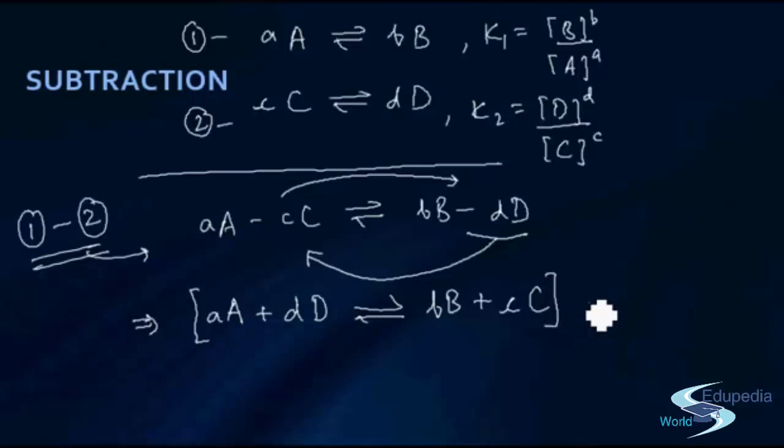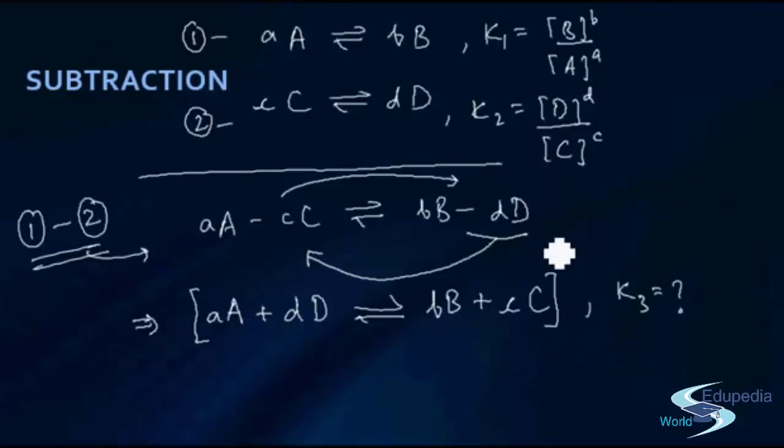So now since we have found out the resultant chemical reaction, we need to find out the value of K3, the resultant equilibrium constant. So how can I calculate K3 in terms of K1 and K2?